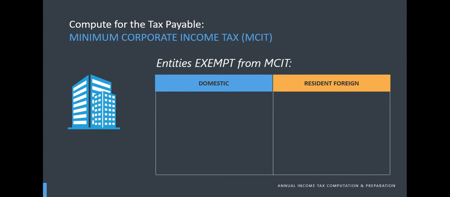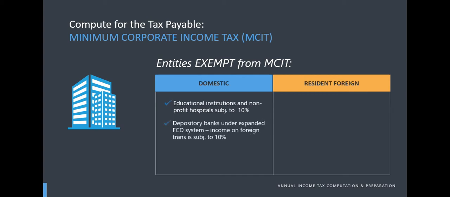Who are the entities exempt from MCIT? So under the domestic corporations, the educational institutions and nonprofit hospitals that are subject to 10%, depository banks under the expanded foreign currency deposit system, whose income on foreign transactions is subjected to 10%, and those under special income tax based on the Philippine Economic Zone Authority law and the Bases Conversion and Development Act.